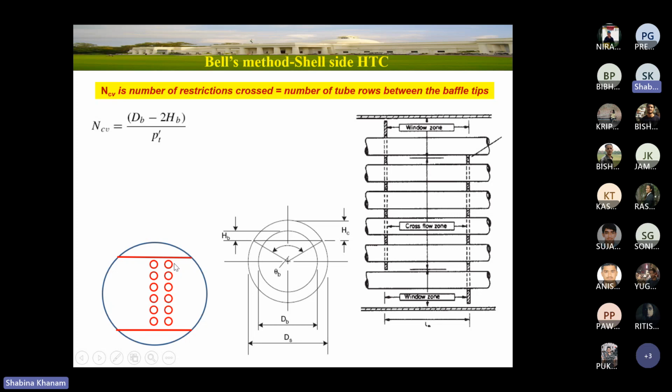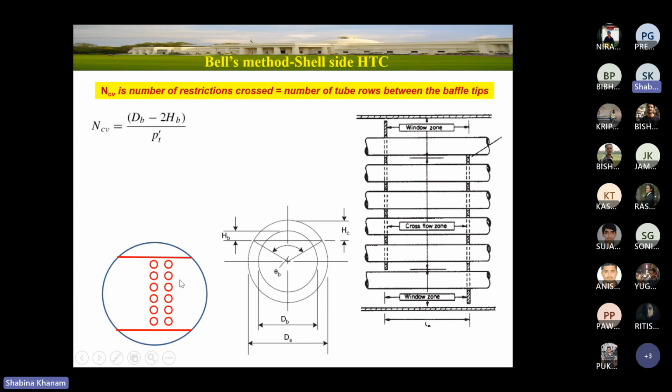In case of square pitch, PT dash will be equal to PT, because the distance between the centers of two consecutive tubes is PT only. However, in case of triangular pitch, this height will be slightly lesser than PT.